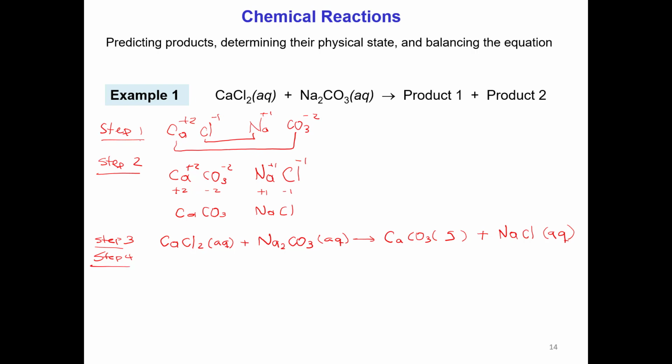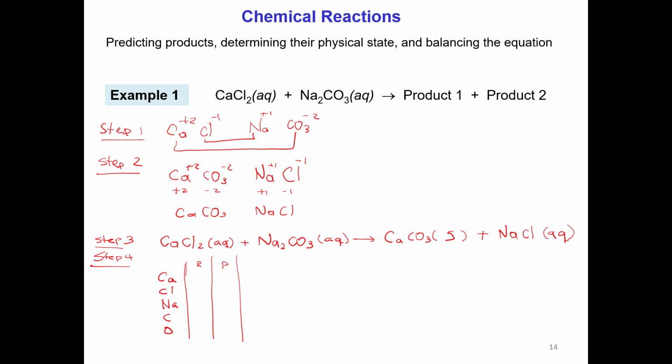Now we go with step 4. With step 4, we need to balance. Remember that for this part we need to play with the numbers to see how we can get the same number of atoms on both sides of the equation. Let's write all the atoms present: calcium, chlorine, sodium, carbon, and oxygen, for the reactants and the products.